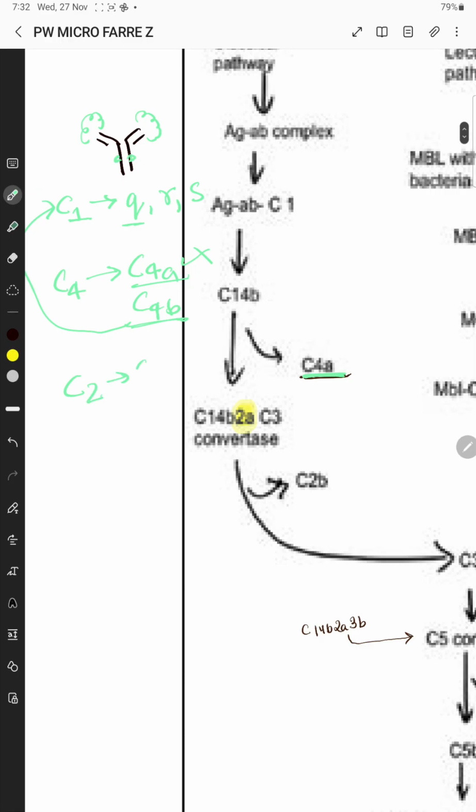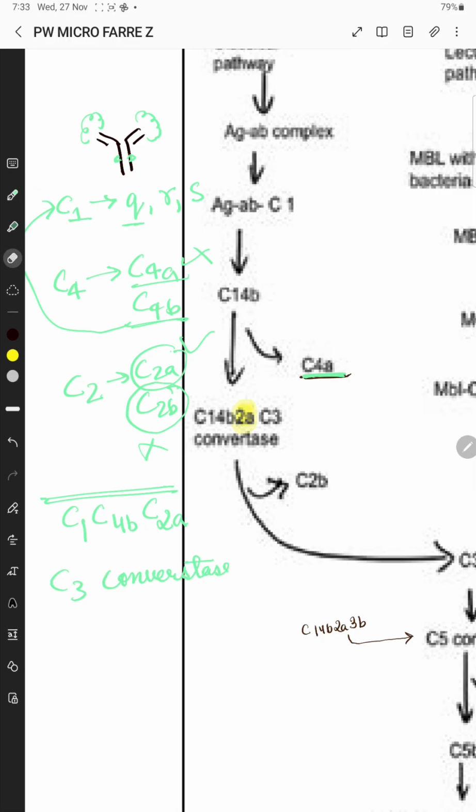C2 will also split into C2a and C2b. In this case, C2b will move away and C2a will bind to the complex. So first there is antigen antibody complex. First C1 comes, then C4 comes, in which C4b binds, then C2 comes, in which C2a binds. This is known as C3 convertase.